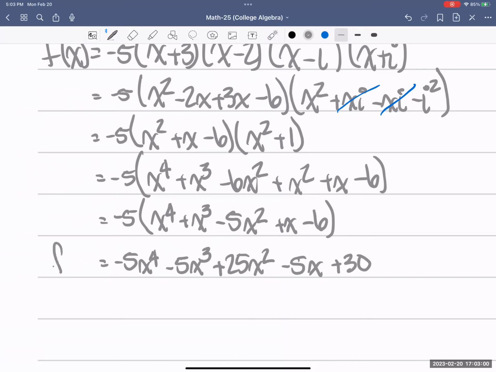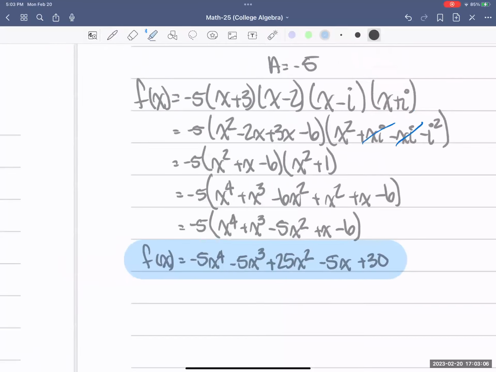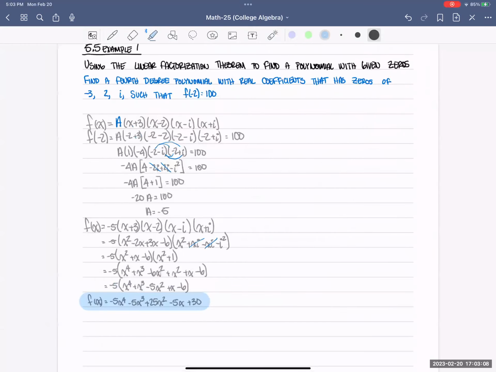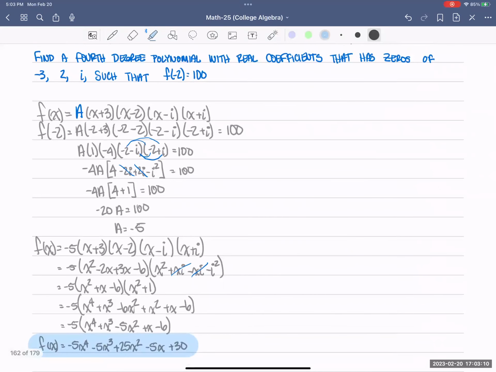And there we go. Now we have absolutely everything that they wanted us to have. One more time, find a fourth degree polynomial with real coefficients. Fourth degree polynomial, we have x to the power 4, perfect. Real coefficients, they're all real. That have zeros of -3, 2, and i.